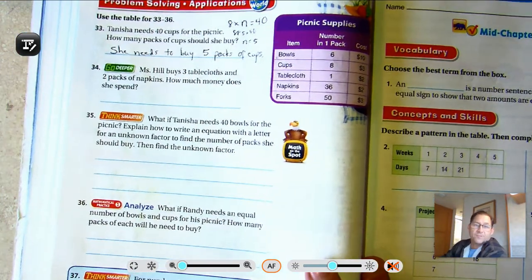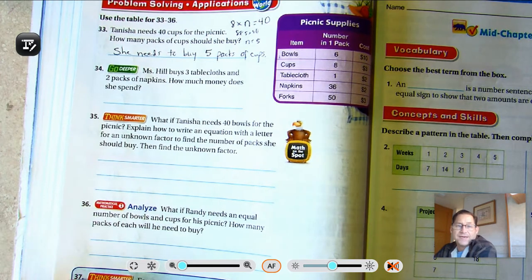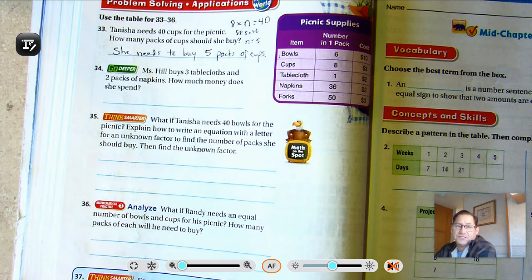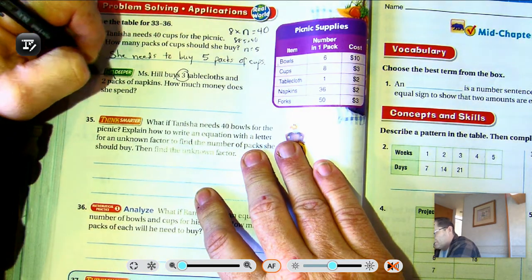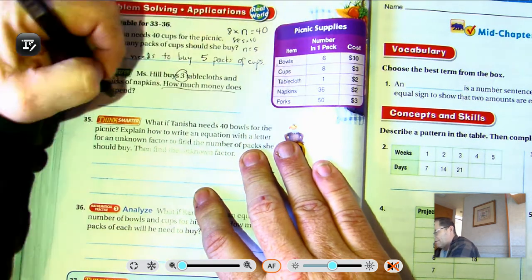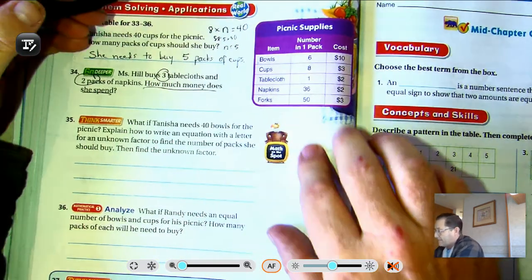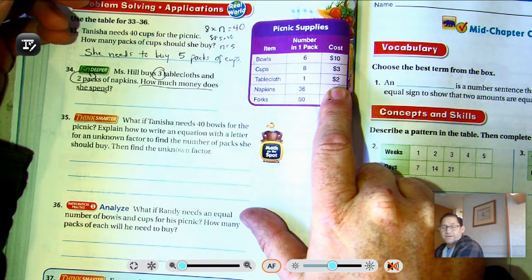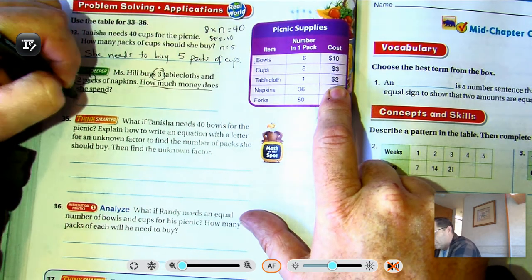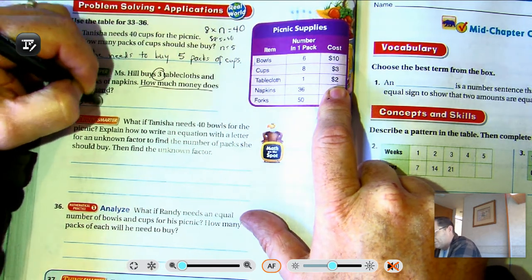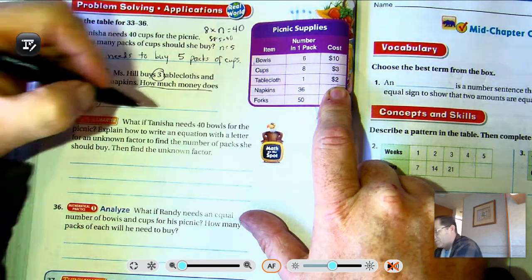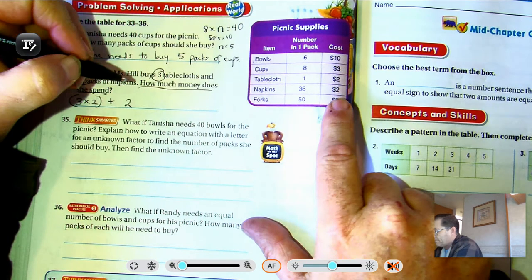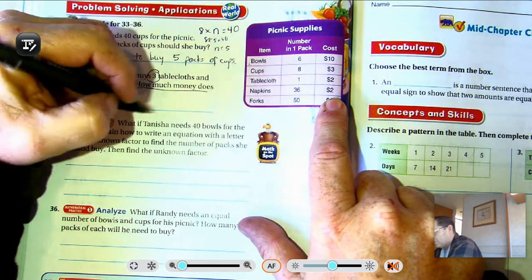All right, 34. Miss Hill buys 3 tablecloths and 2 packs of napkins. How much money does she spend? 3 tablecloths, 2 packs of napkins. How much does she spend in all? 3 tablecloths. Each tablecloth is $2. So we're going to go 3 times 2 plus the 2 packs of napkins. 2 packs of napkins is $2.